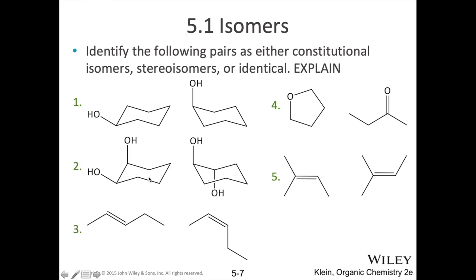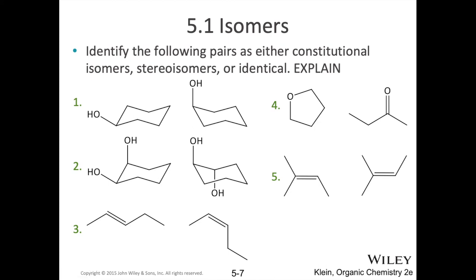Now look at these 2 examples. Here we have an equatorial and an axial group. Here the 2 groups that are next to each other are both axial. Both of those alcohol groups are axial. That should give away that this is actually a stereoisomer.